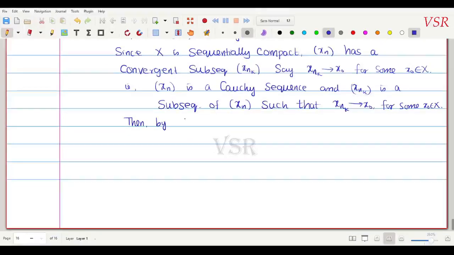Then by the theorem, xn converges to x0.